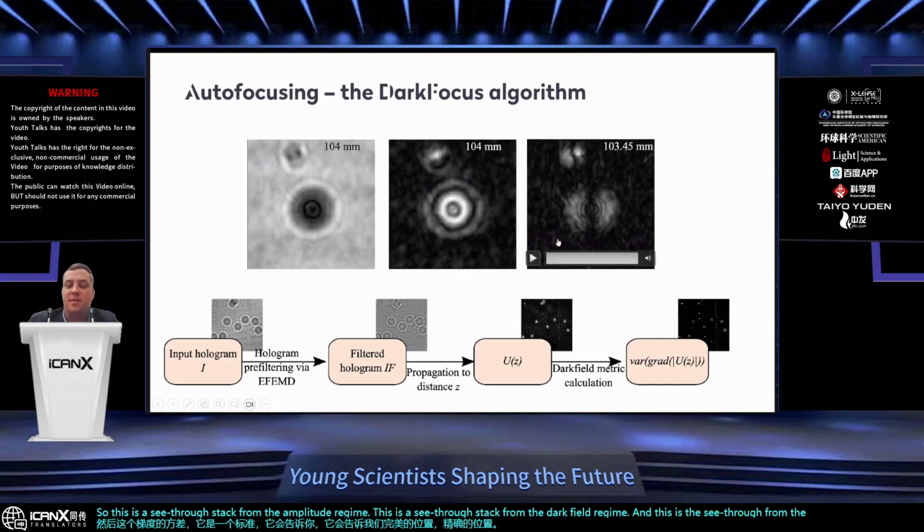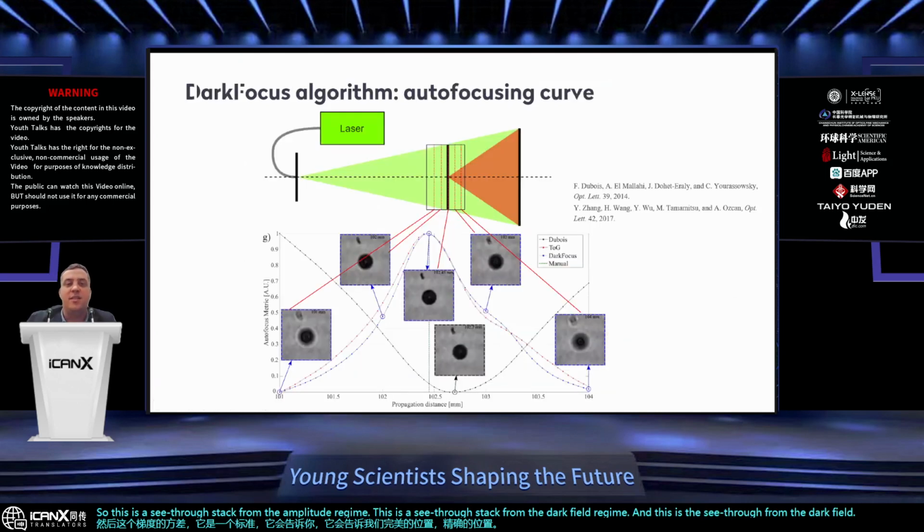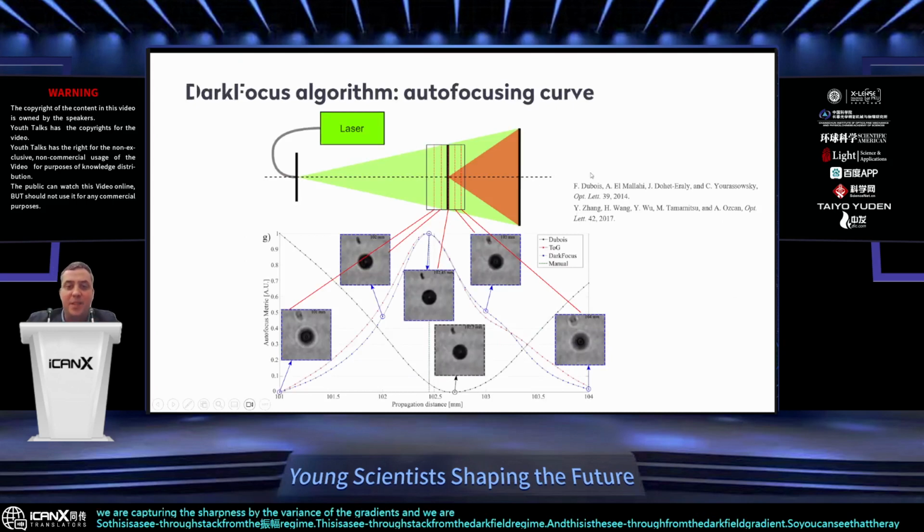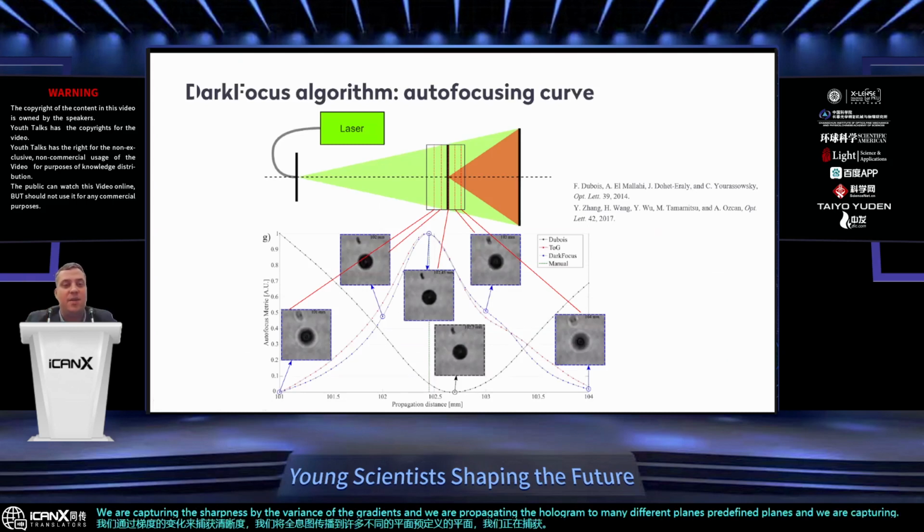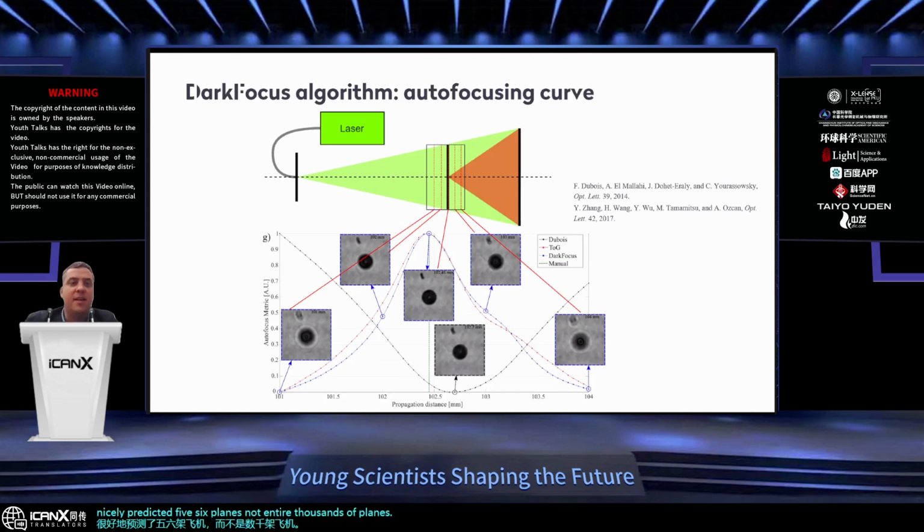You can see that we are capturing the sharpness by the variance of the gradients. We are repropagating the hologram to many different predefined planes and calculating the metric for every plane, and the maximum of the metric shows us the object plane. We also have a nice paper where we accelerate it, and we can use only 5-6 nicely predicted planes, not thousands of planes, so it can be done quicker.